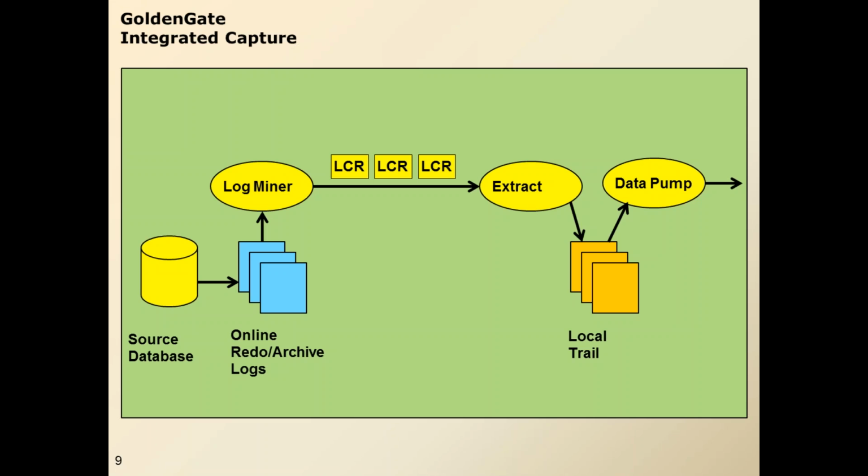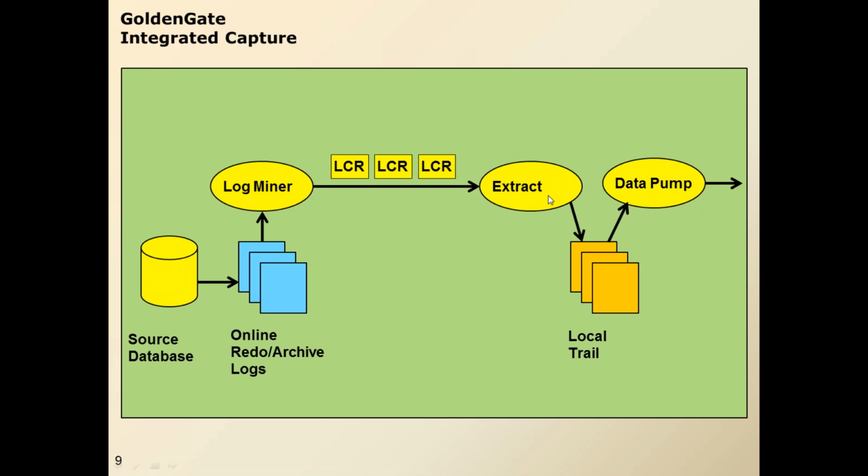Whatever changes are made to the database get written into the redo logs. A copy of those changes is written into the LogMiner database, and then LogMiner passes on the changes to the extract process, whatever is required.